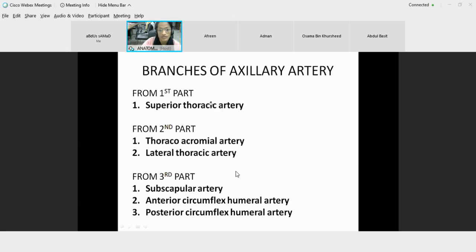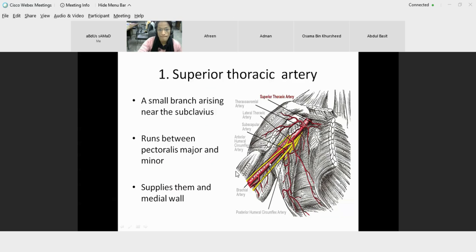So from the first part only one branch, the superior thoracic artery; from the second part, two branches, the thoracoacromial artery and lateral thoracic artery; from the third part, the subscapular, anterior circumflex humeral, and posterior circumflex humeral arteries. Okay.